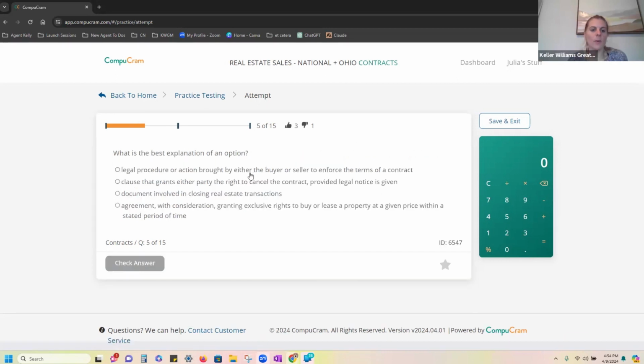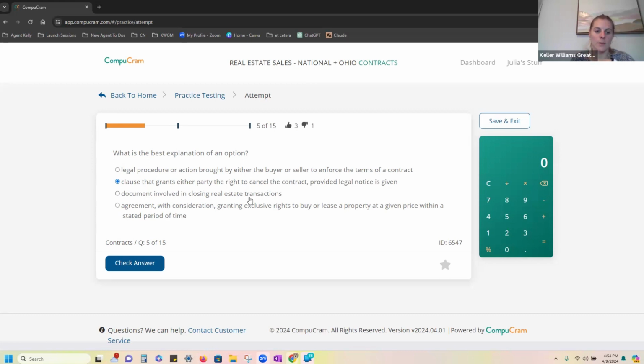Okay. What is the best explanation of an option? A, legal procedure or action brought by either the buyer or seller to enforce the terms of contract. B, clause that grants either party the right to cancel the contract provided legal notice is given. C, document involved in closing real estate transactions.